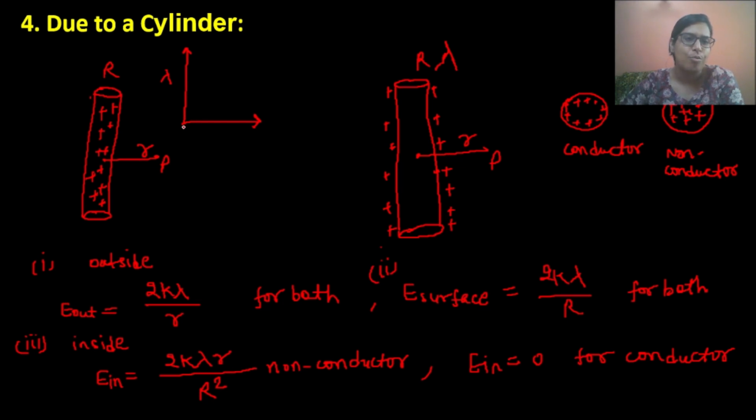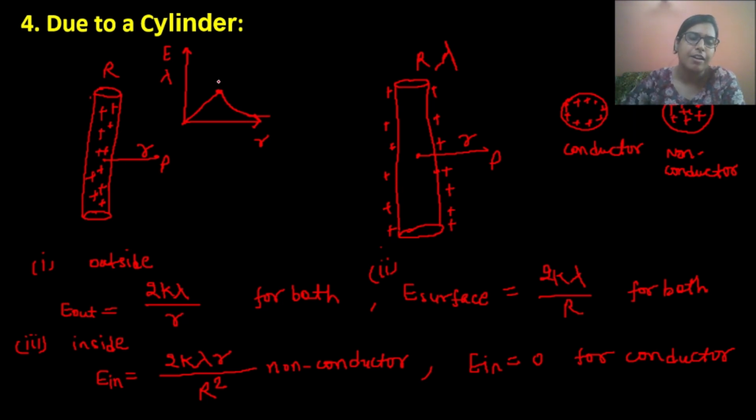So the graph will be like this. This is the electric field and this is the r. At surface it will be 2k lambda upon capital R. After the surface it will be like a hyperbola.